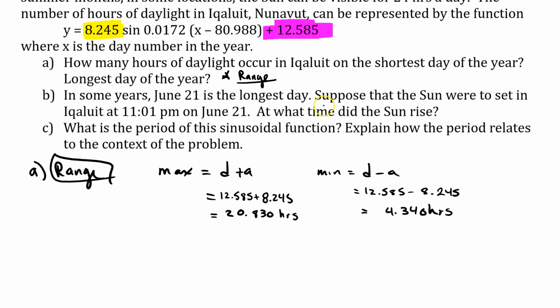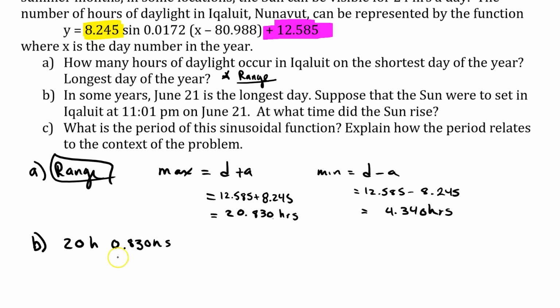So suppose that the sun were to set in Iqaluit at 11:01 p.m. on June 21st. What time did the sun rise? So we got to think about it. The number of hours of sunlight in that longest day will be 20.830 hours. So let's just do a fun little thing. We have 20 hours and 0.830 hours.